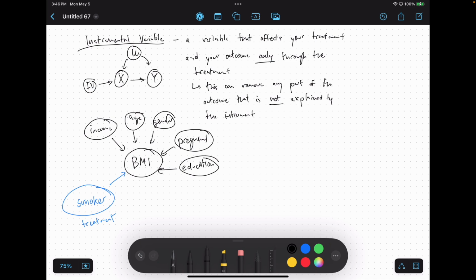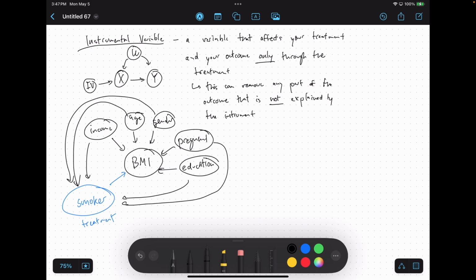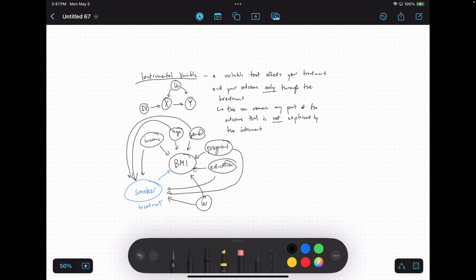And if you wanted to isolate the effect of your treatment, I would ordinarily have to control for all of these things, right? And in fact, you probably have some things that are related to the prevalence of you smoking, right? So someone's income or age or gender, education, these could all be related to your smoking. So you have all these possible backdoor paths that you'd have to close. And in fact, we could have a latent variable that does this.